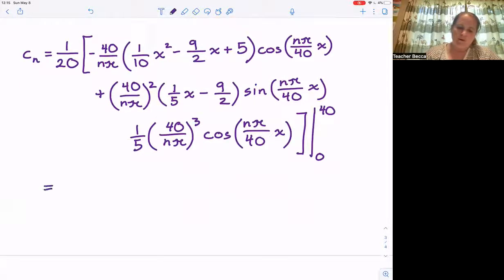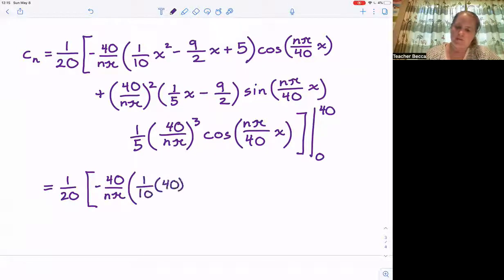Plugging in 40, we have 1/20 times negative 40 over n pi times a 1/10 40 squared minus 9/2 of 40 plus 5, all times cosine of n pi.